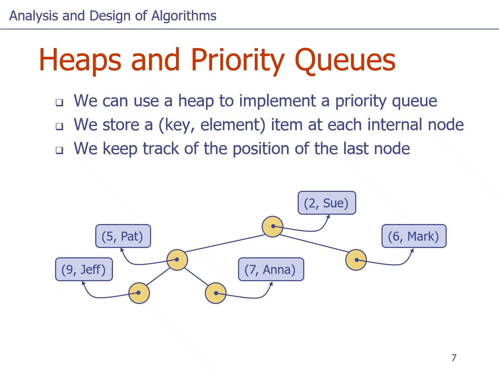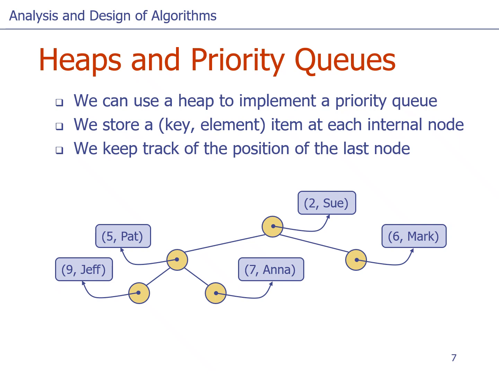Now, why did I discuss priority queues early on? We can use a heap to implement a priority queue. One way to build a heap is to put the smallest value at the root and everything else below it is bigger, and if our priority is to get the smallest value out first, we can implement a priority queue using a heap.